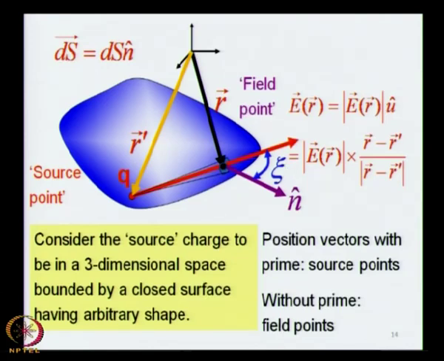So, the actual surface that we have considered has an arbitrary shape. The normal to the surface is the unit vector which is orthogonal to the surface at that point, and that will not in general be in the direction of the unit vector u, which is in the direction of the intensity of the field.